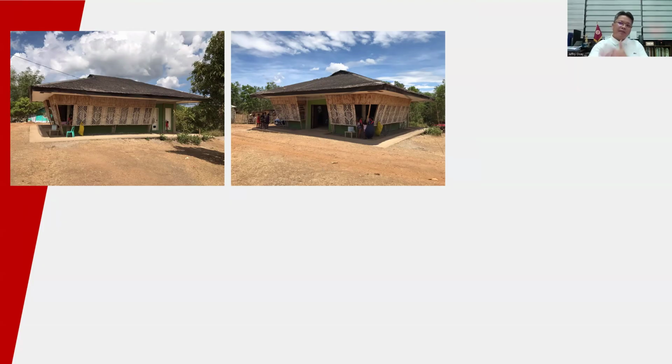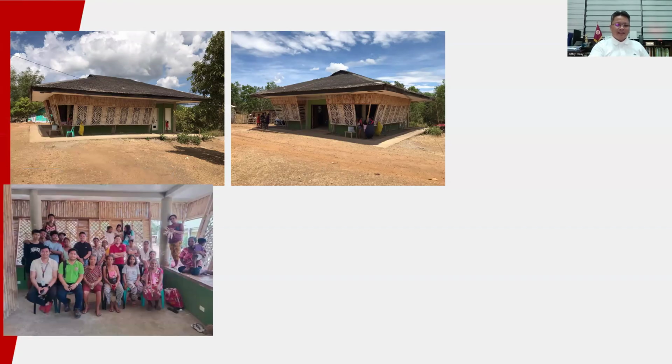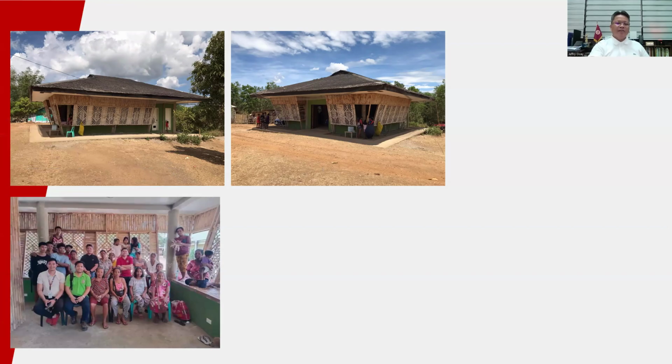So we conducted a group interview under the mango tree, and then we went to the community center, and we interviewed some participants and observed how they do weaving and other things. So that's us inside the community center.